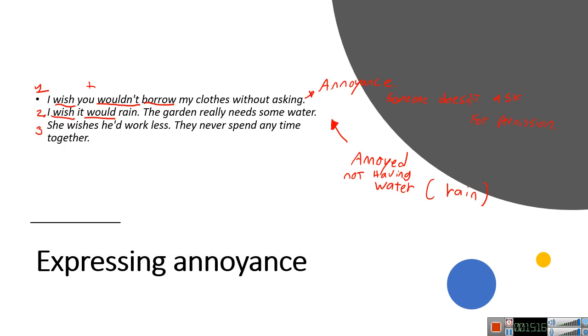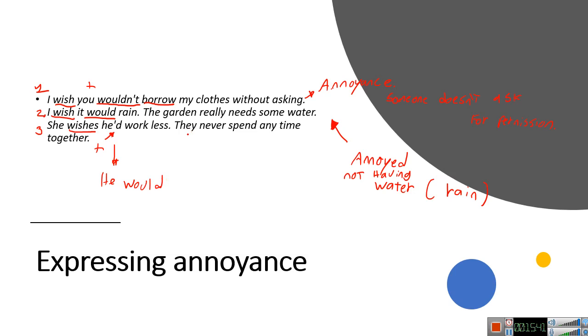Number 3. So she wishes he'd work less. They never spend any time together. So wishes plus he would. This is the contraction. He would. So what is it that annoys me in this sentence? She wishes he'd work less.